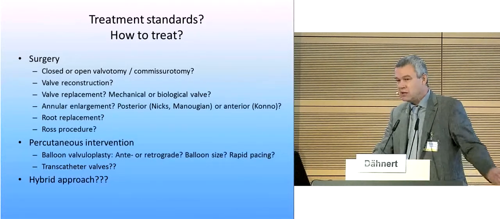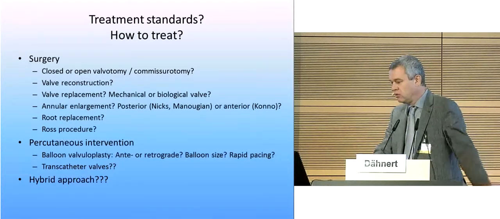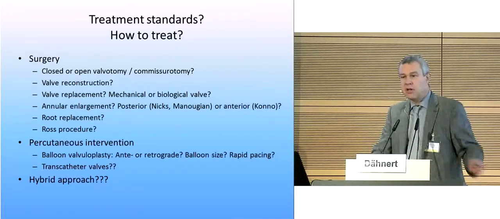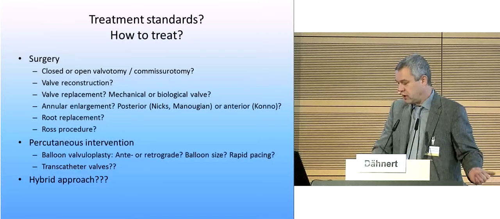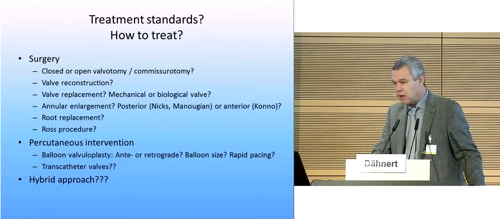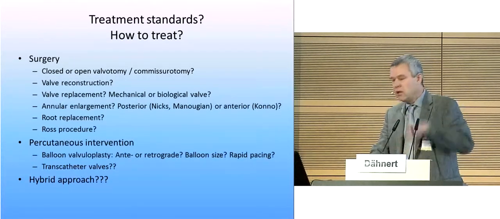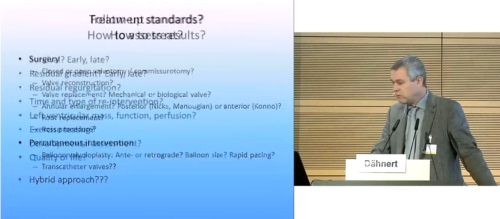And we have at least 2 percutaneous interventions. We have the balloon valvuloplasty, we will hear about that, and we have transcatheter valves, which are not suited for children and not suited for young adults, but which are underway. And maybe somebody will speak up and say, we do it in a hybrid approach. I don't know. So no treatment standard.